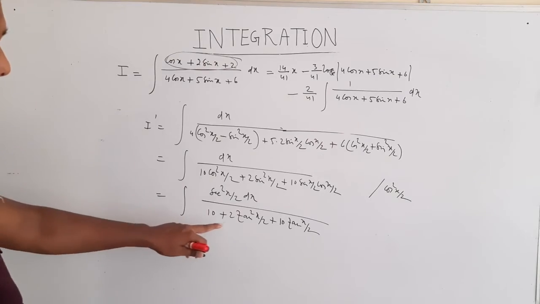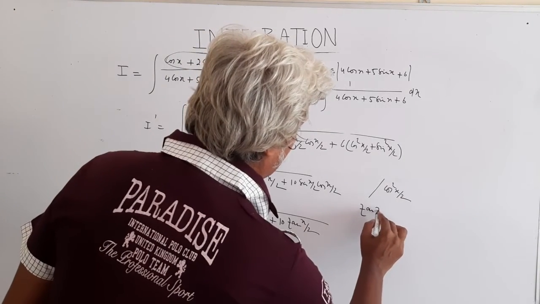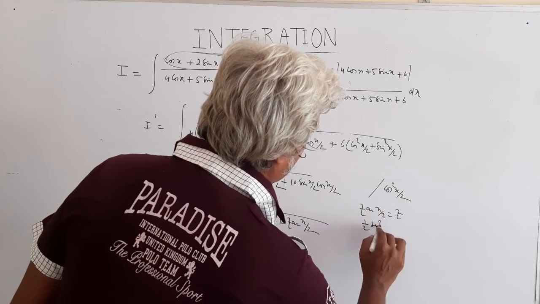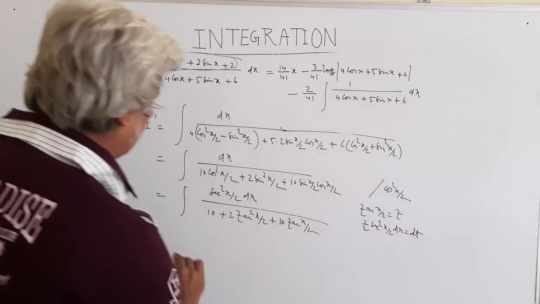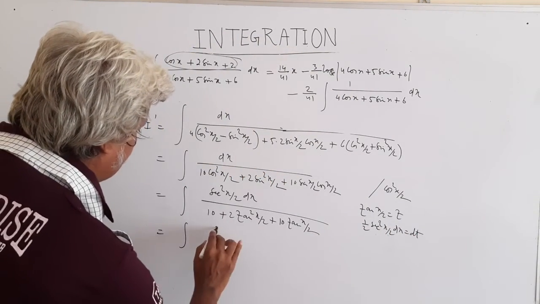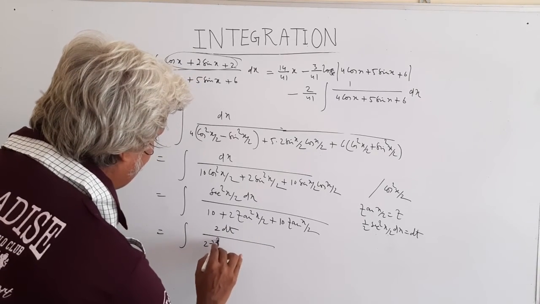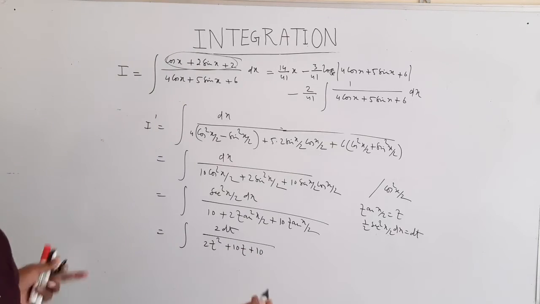So now if I take t as tan x by 2, then we get half sec square x by 2 dx as dt. Then my integration becomes 2 dt over 2t square plus 10t plus 10. So this is the form.